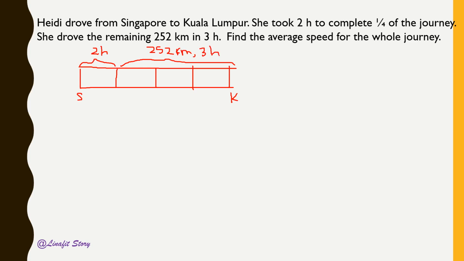Find the average speed for the whole journey. So over here we may see that 3 units equals 252 km. How to get 1 unit? 1 unit is 252 divided by 3 equals 84 km.